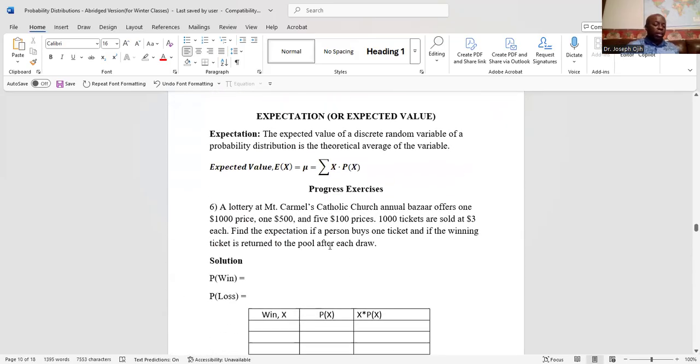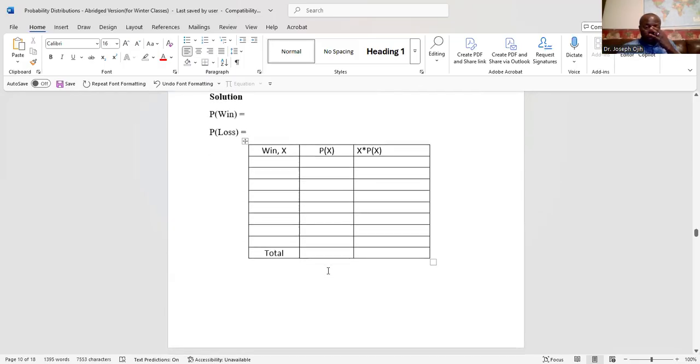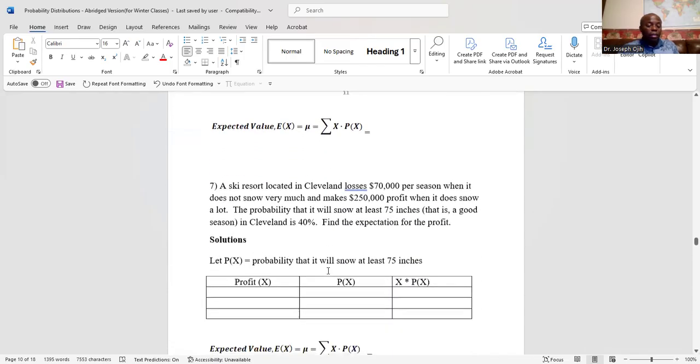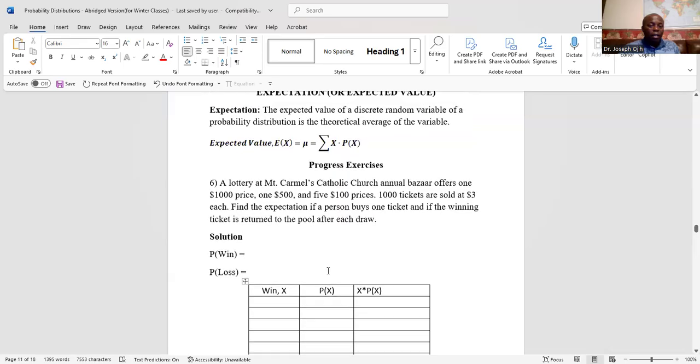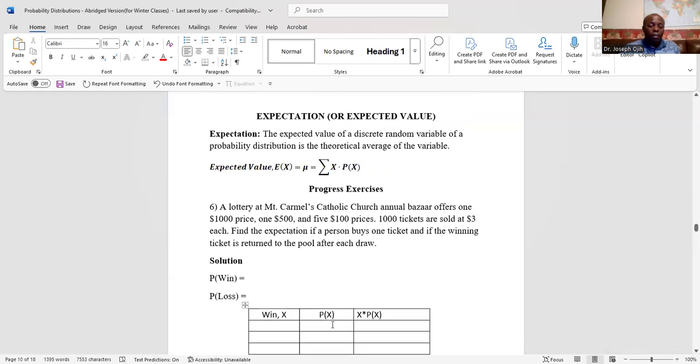Now, let us look at another application. We call it the expected value. Let's start with the definition of expectation. It is called the expected value of a random variable.